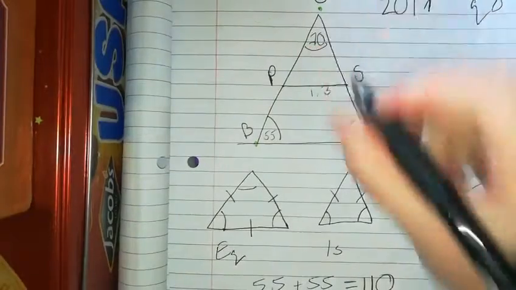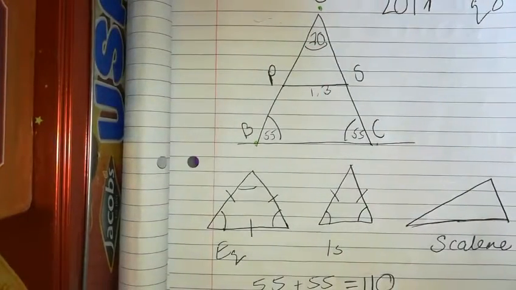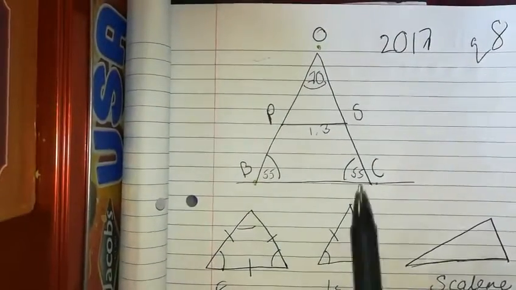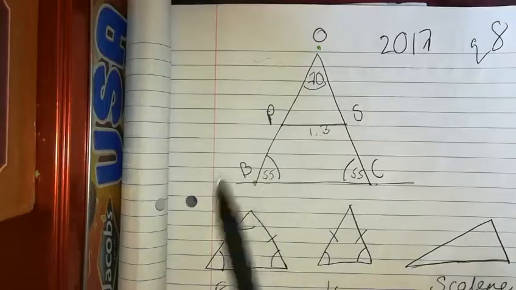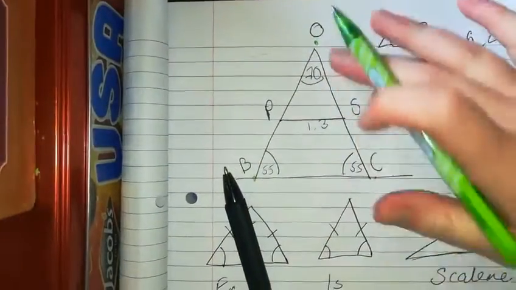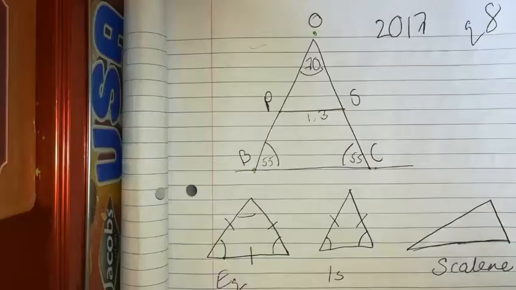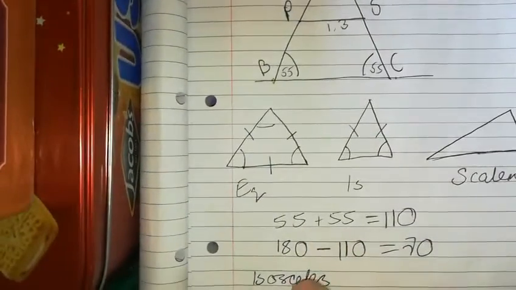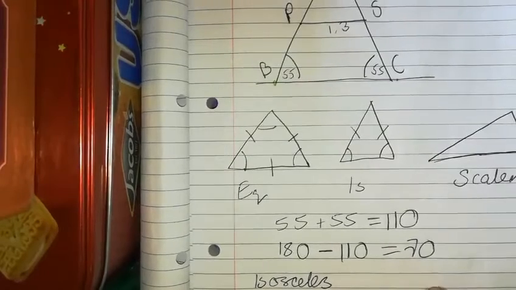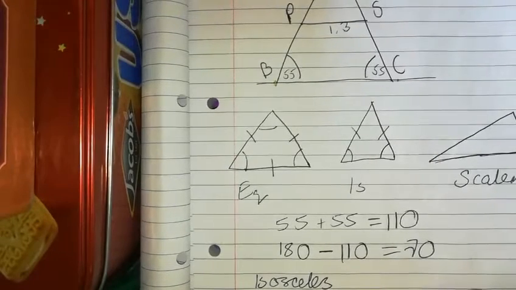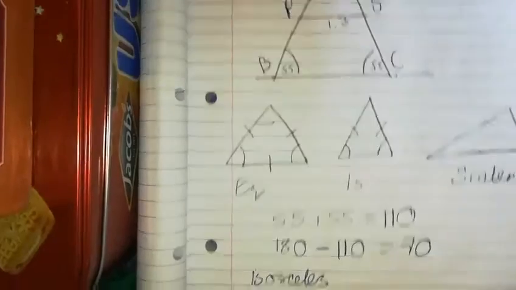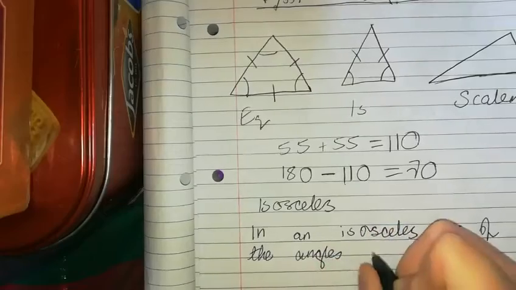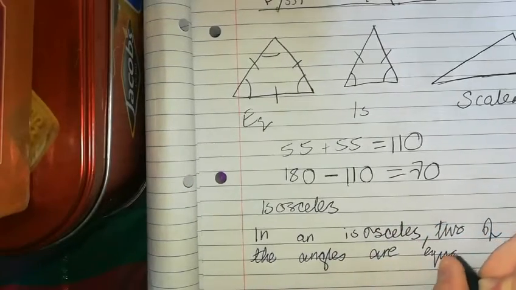So this angle here is 70, so we can be pretty sure that it's not an equilateral triangle, so it must be an isosceles, because these two angles are equal, which means these two sides must also be equal. So we could say it is an isosceles, because in an isosceles triangle two of the angles are equal.